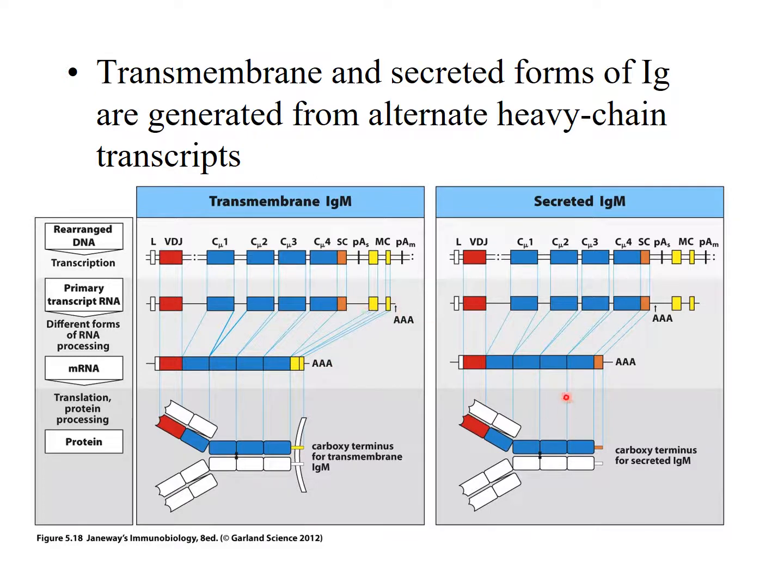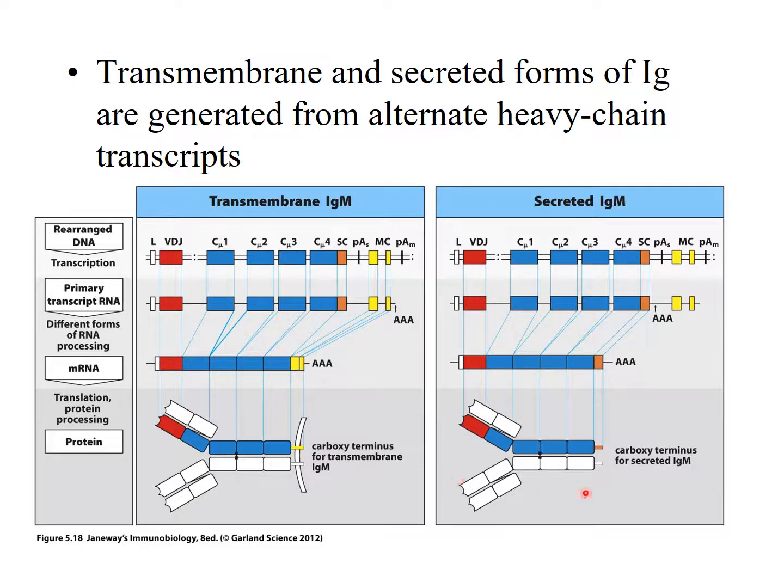Now, during RNA processing, if this portion here is cleaved, then you get just the VDJ binding to the C constant mu segments, and a poly A tail.